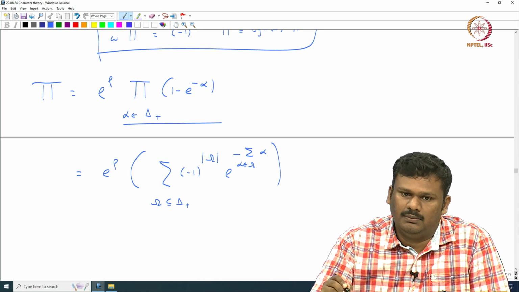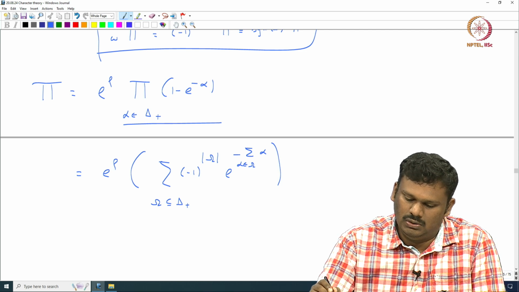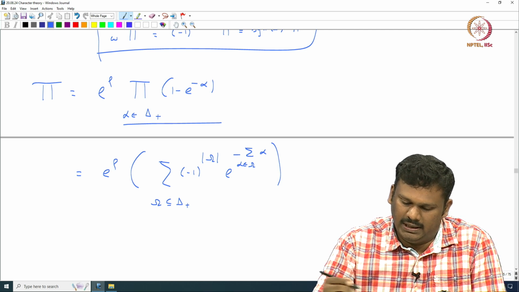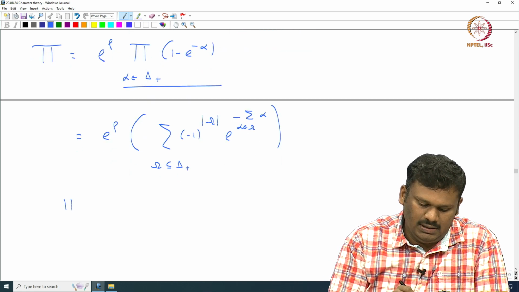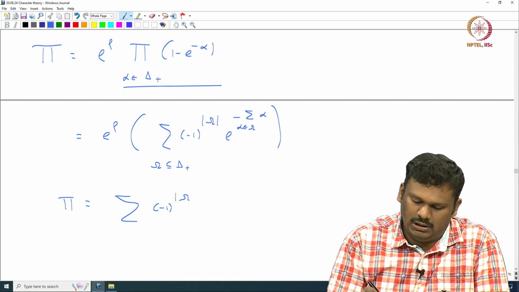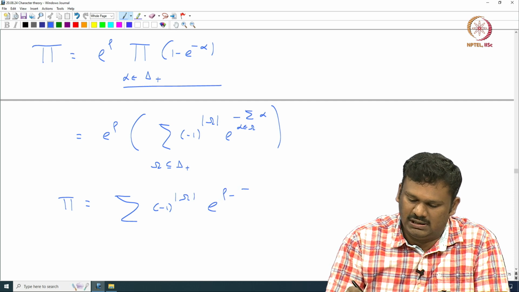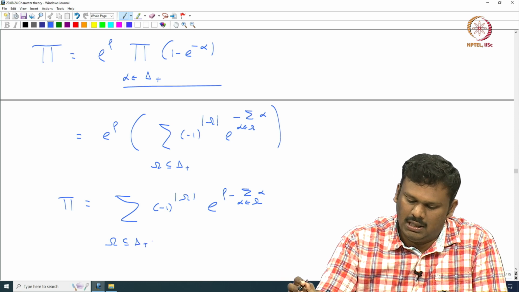Basically, omega belongs to the power set of delta plus. When omega is empty, you get that 1, and then remaining things just add up. So, then this pi is nothing but summation minus 1 power the cardinality of omega e power rho minus summation alpha, alpha in omega, where omega comes from the subsets of delta plus.